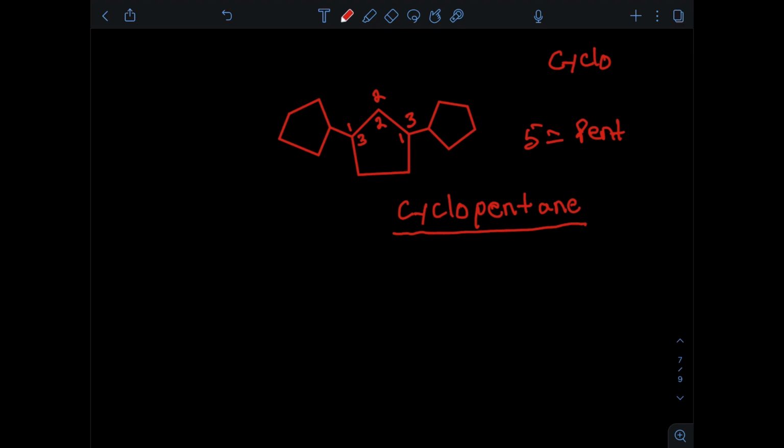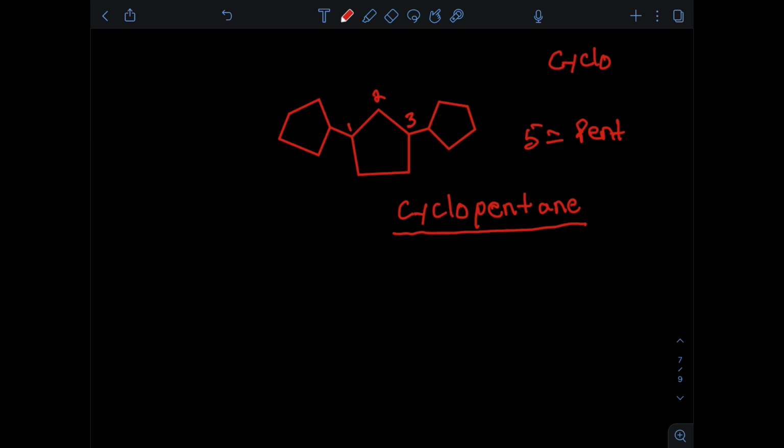So either here or here is the closest route to the next substituent. Again, one of the rules of nomenclature is to get from one substituent to the next the quickest route. What you don't want to do is go this way or that way. So I'm going to go left to right.